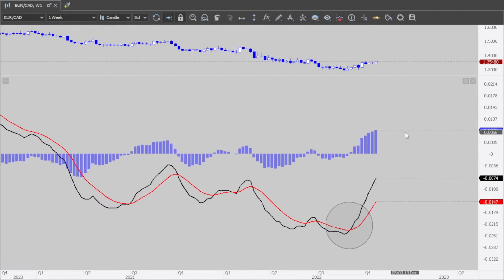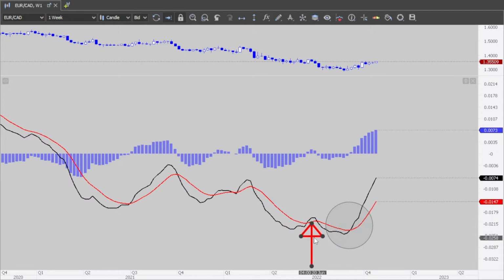So number one, you must get educated. When the black crosses the red from below to above, this is a signal to go long. Make sense, everybody? MACD, the red line, the slow, is the direction.